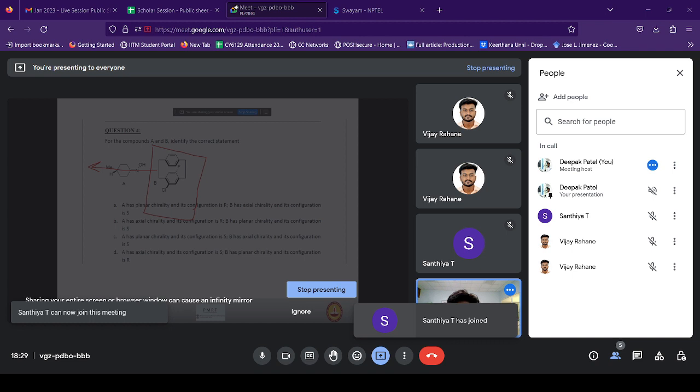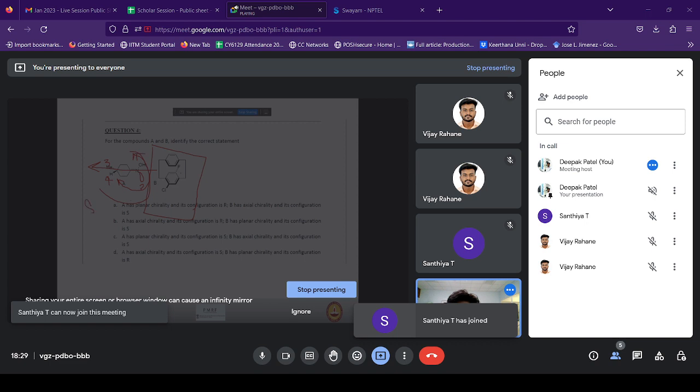Always keep your up and down away and this one in. So I am giving this 1, this lone pair will be 2, this will be 3 and this will be 4. So how it moves from 1 to 2 to 3, but the fourth group is above, so it will be the reverse of this. Then it will be S configuration.